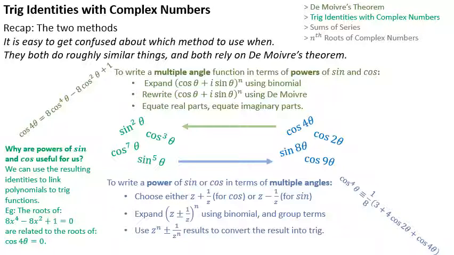If you're wondering about why we might do these, well, a couple of the most common applications that you'll come across at this point involve connecting trig to polynomial equations, which is useful if you're trying to solve something, let's say this particular quartic equation, 8x to the 4 minus 8x squared plus 1 equals 0. Well, the structure of that lends itself nicely to a substitution.